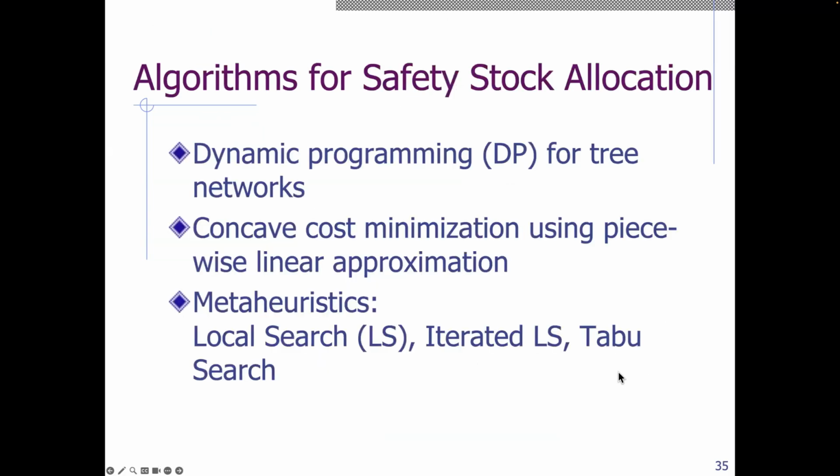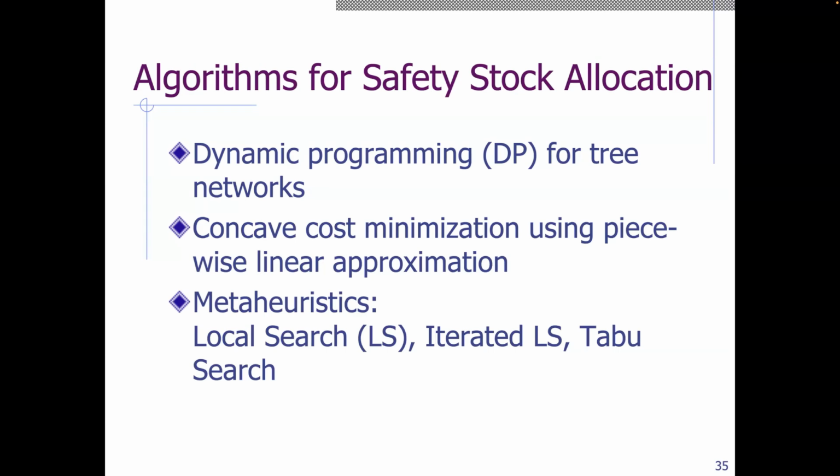In summary, the safety stock allocation problem can be solved by several types of algorithms. The first one is based on dynamic programming. We can extend the DP algorithm we discussed to a more general tree network case. But, unfortunately, we cannot extend the DP approach to general networks.